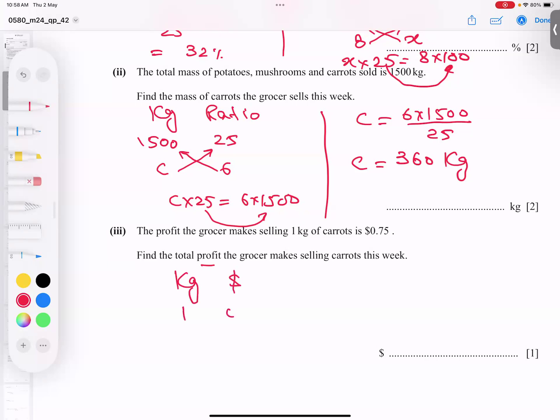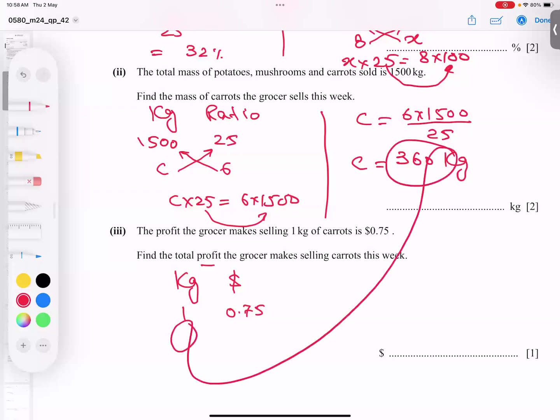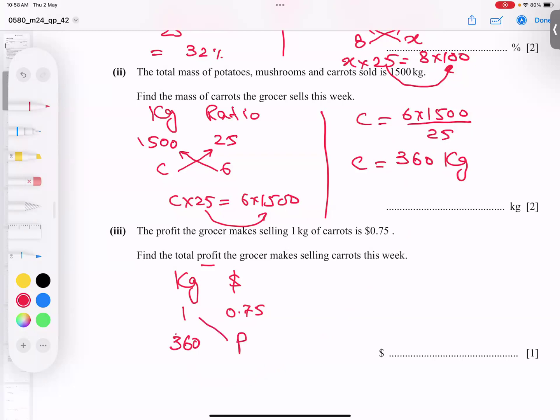For 1 kilogram he is getting a profit of $0.75. Common sense, this many kilograms I will copy here, 360, and here I write P for profit. So multiply: P times 1 equals 360 times 0.75. If I multiply, students, it gives us $270.